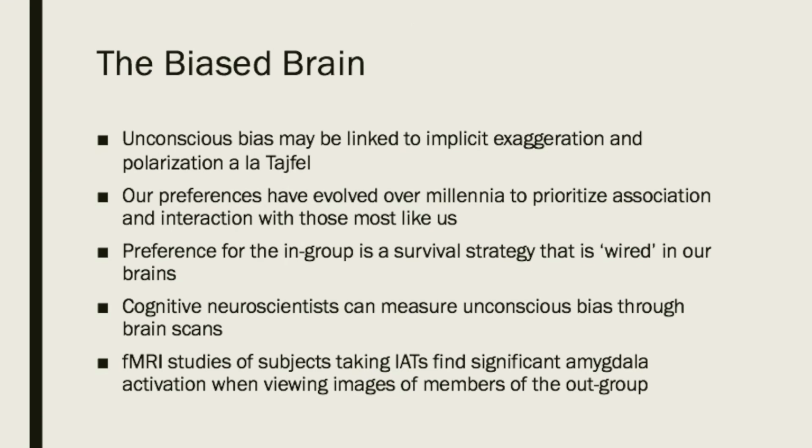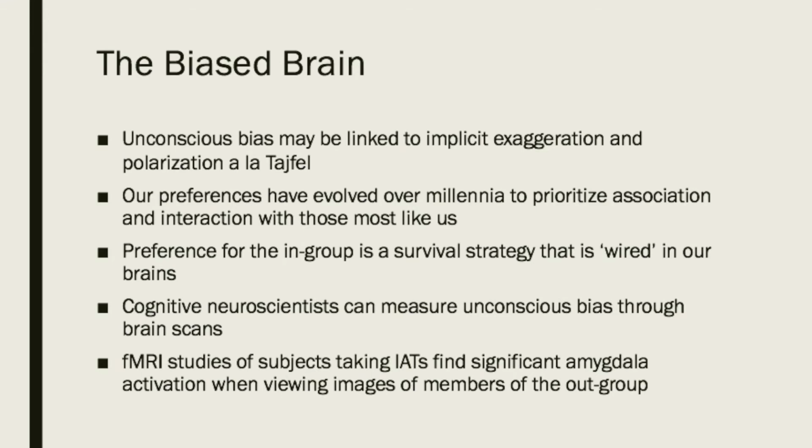So, how can we explain the existence of implicit or unconscious bias? Why does it exist? In fact, we could draw a linkage between unconscious bias and Tajfel's concept of exaggeration and polarization.